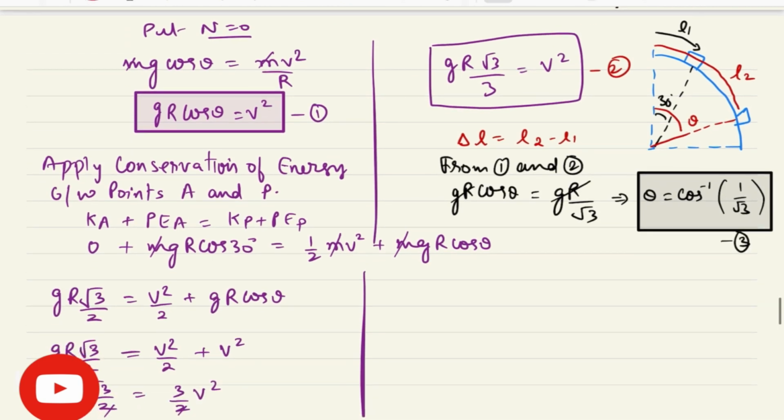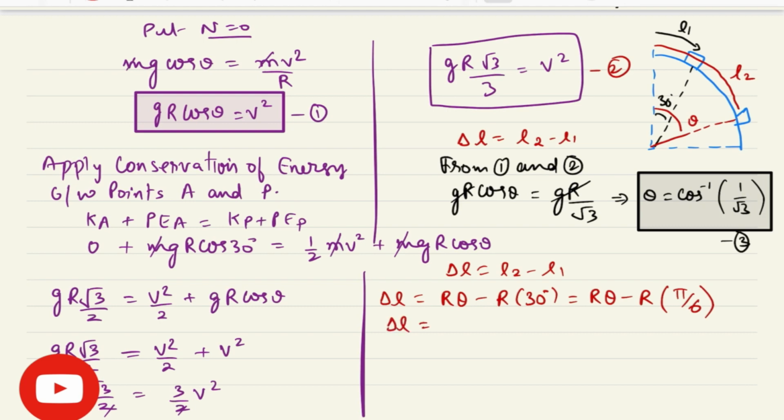Now the distance covered. So delta L equals L2 minus L1. Delta L equals L2, which comes out to be r theta, minus r times 30 degree. In this way, 30 degree is equal to pi by 6 in terms of radian.